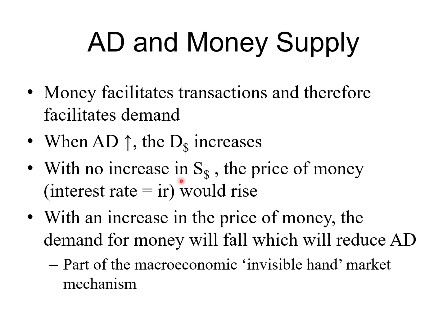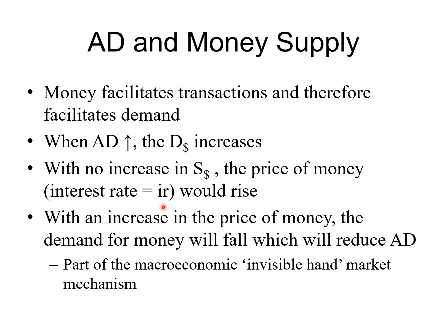If you do not increase at the same time the supply of money, the price of money, and we will call the price of money the interest rate. Interest rate is the fee, the cost, the price that a bank charges, or that anyone charges, for a loan.